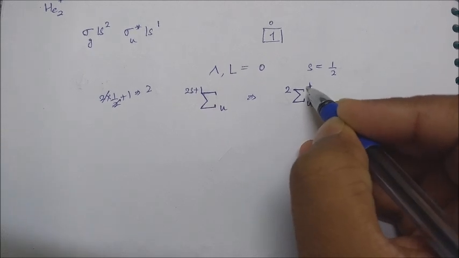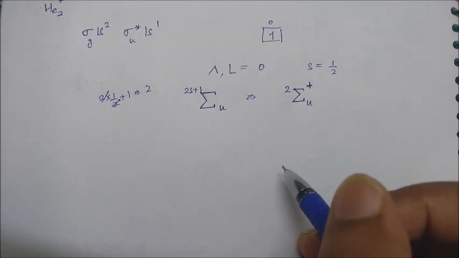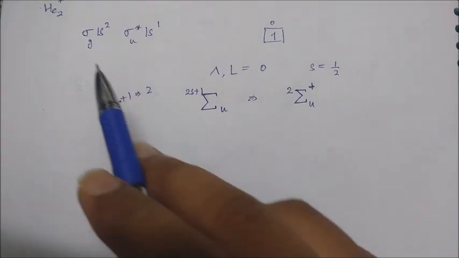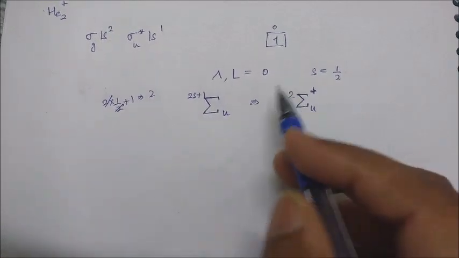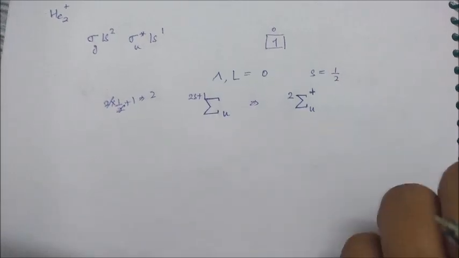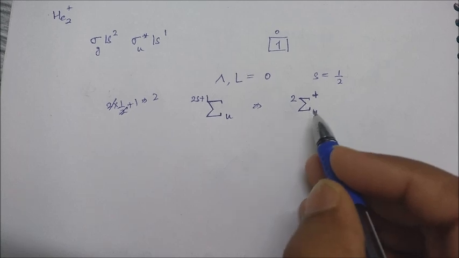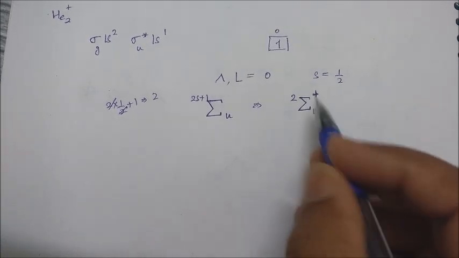So the molecular spectroscopic term symbol for the He2 plus molecule will be 2 sigma u plus. Like this you have to assign.